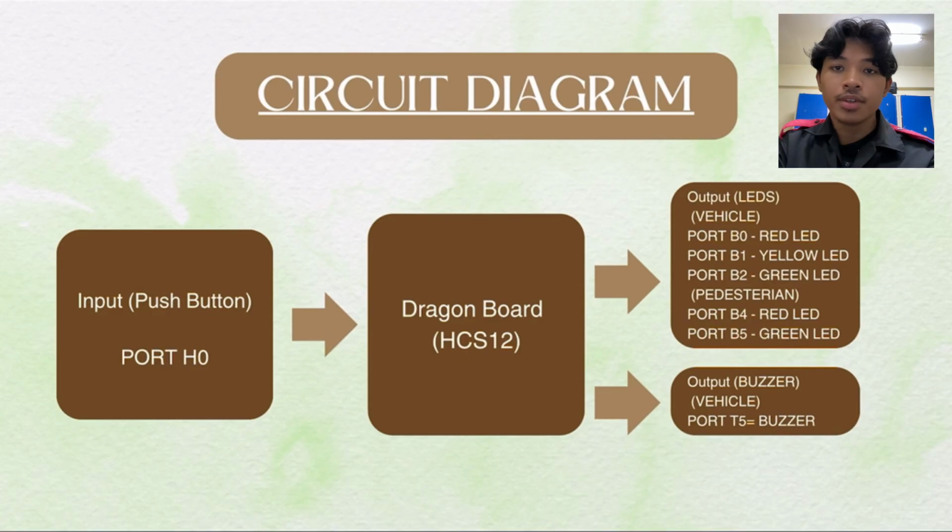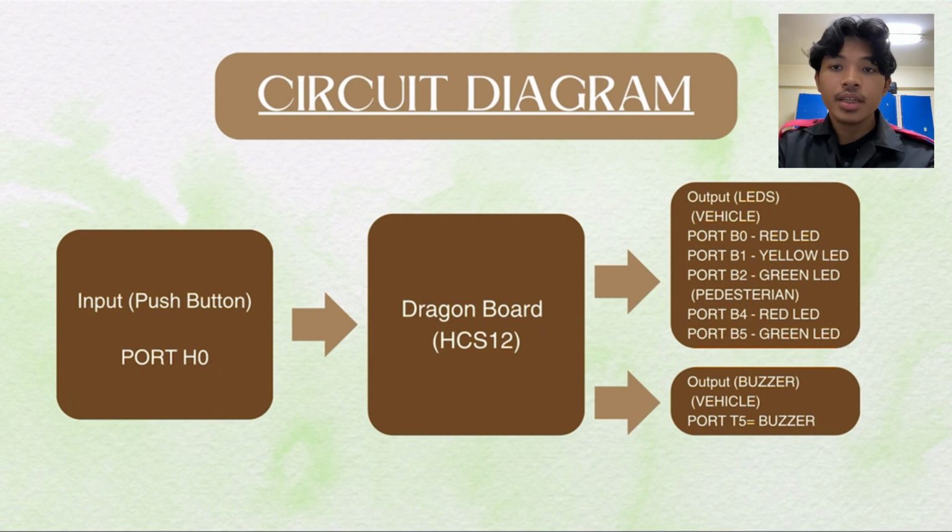For vehicle traffic lights, we have port B0 for the red LED, port B1 for the yellow LED, port B2 for the green LED. For pedestrian signals, port B4 controls the red LED, port B5 controls the green LED.